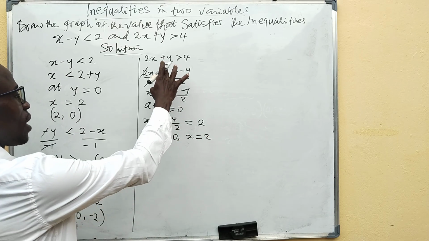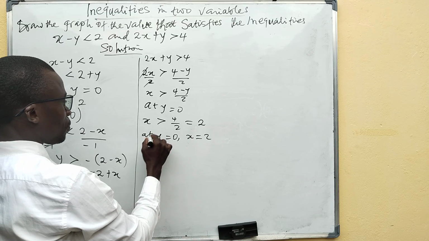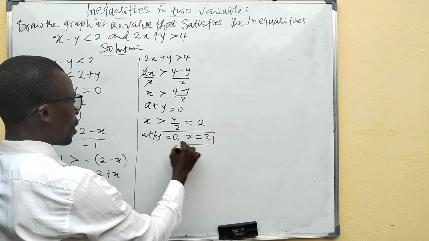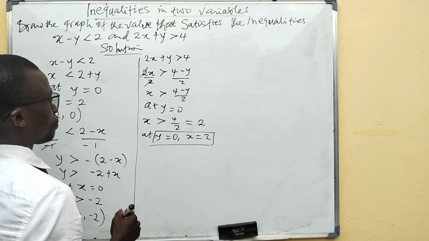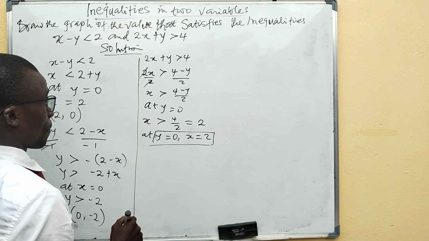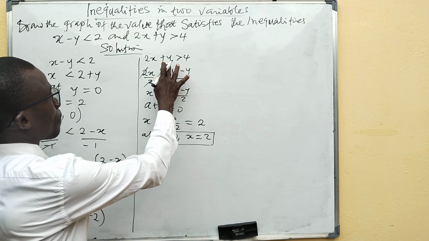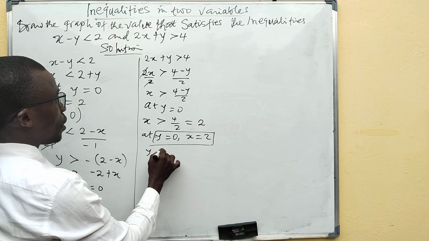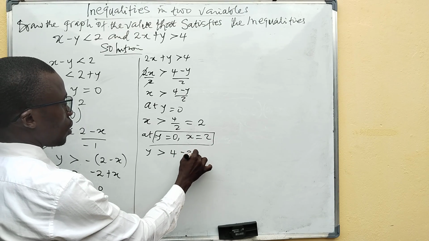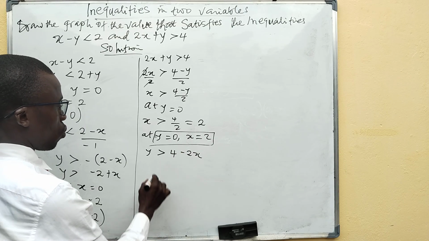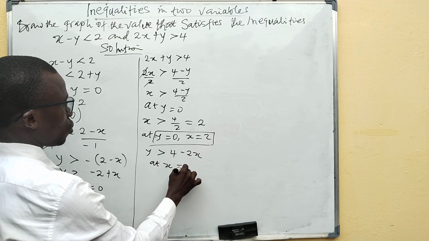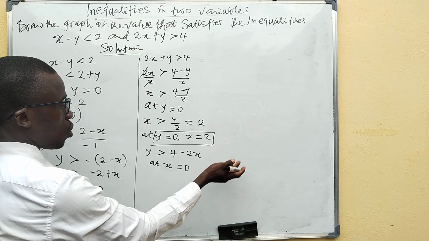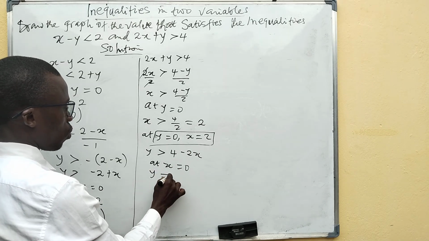So let's make y the subject of the formula now. y will be greater than 4 minus 2x. At x equals 0, 2x goes, so y will be equal to 4.